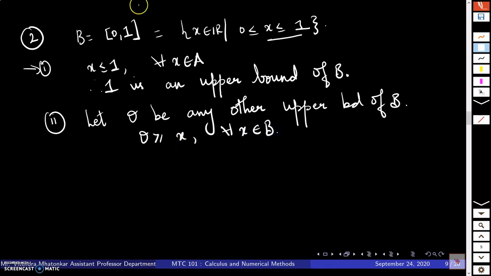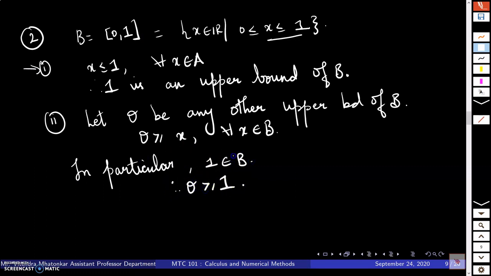In particular, 1 is also an element of B, correct? So in particular, 1 belongs to B, and theta is bigger than or equal to every element of B. That means theta will be bigger than or equal to 1. So what did we do? We showed that 1 is an upper bound, and if theta is any other upper bound, theta is bigger than or equal to 1, and therefore 1 is the least upper bound of the set B.